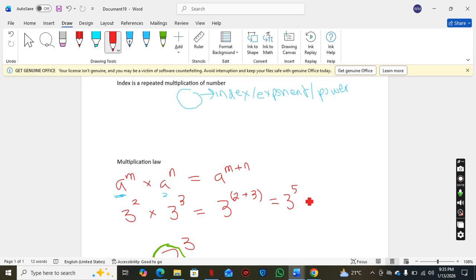We can simplify this: 3 to the power 5 is 3 times 3 times 3 times 3 times 3. Let me get my calculator for this. 3 to the power 5 is 243.